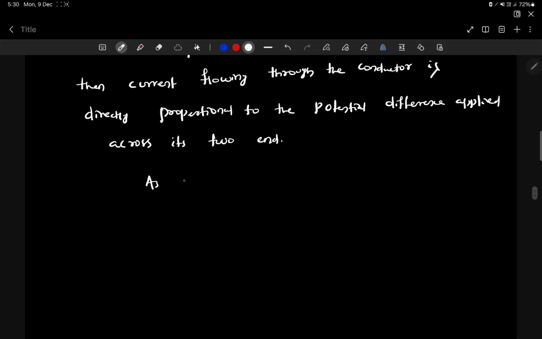Okay, so as per Ohm's law, V is equal to IR.